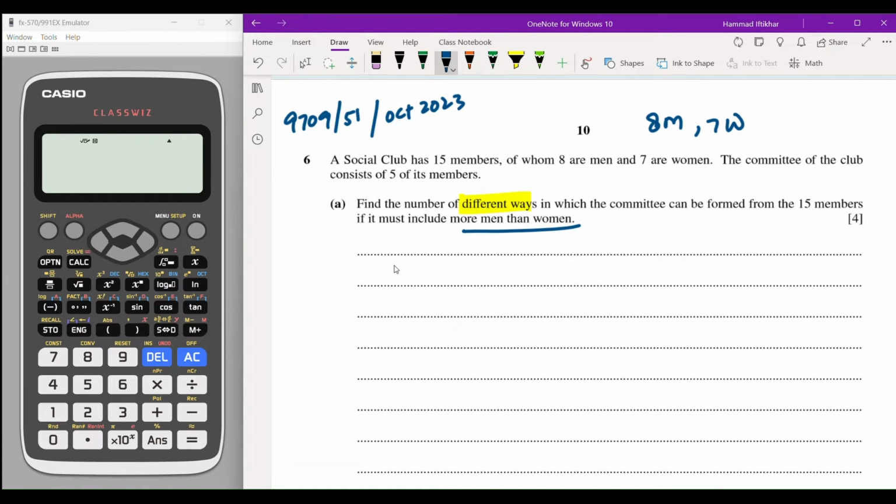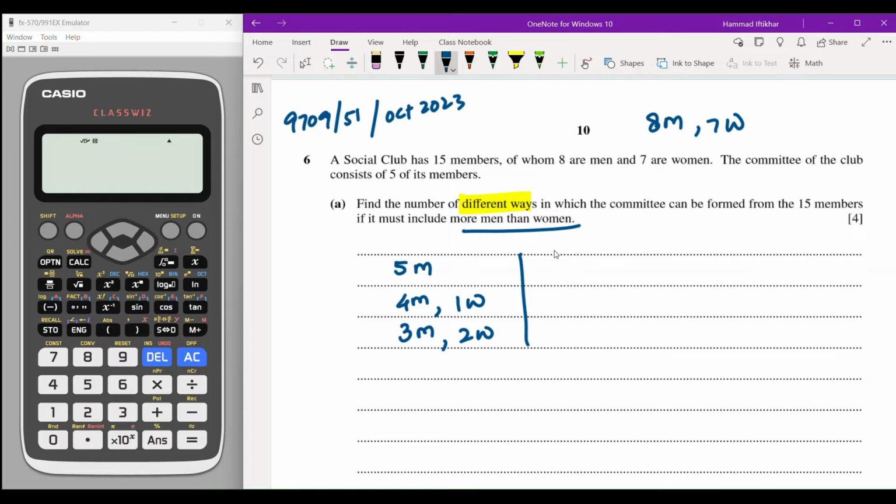So if we need to select 5 members, then one choice is that we have all 5 men. We could have 4 men, 1 woman. We could have 3 men, 2 women, and any other choices will have either equal men and women or fewer men than women.